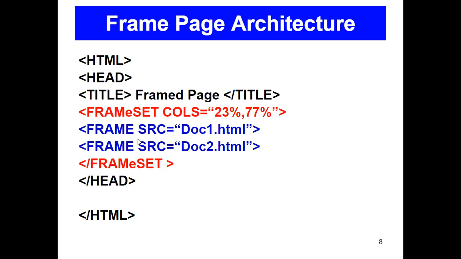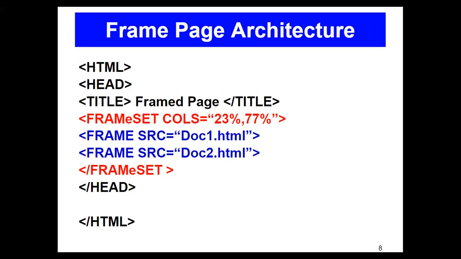Don't forget to close the frame attribute with this closing angle bracket, and also we must close the frame tag, because the frame tag is a paired tag. So we must complete the syntax by closing the frame tag.